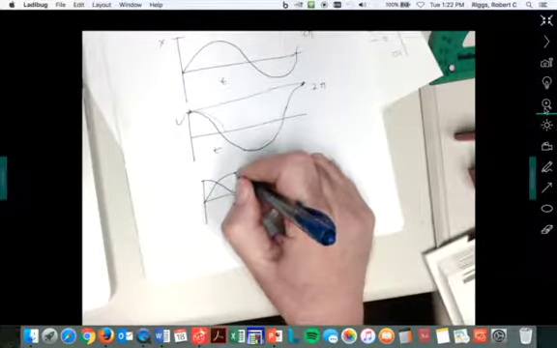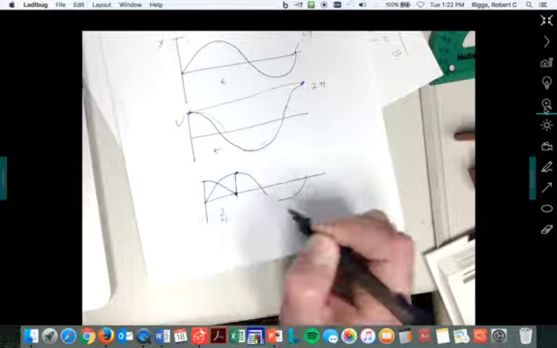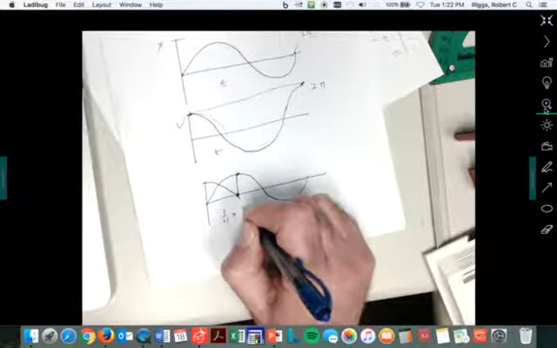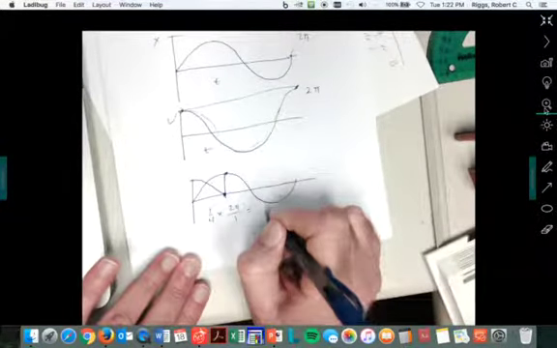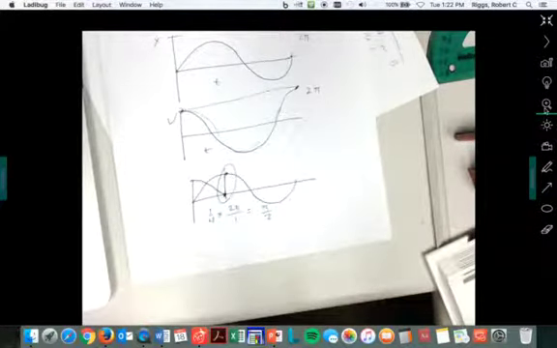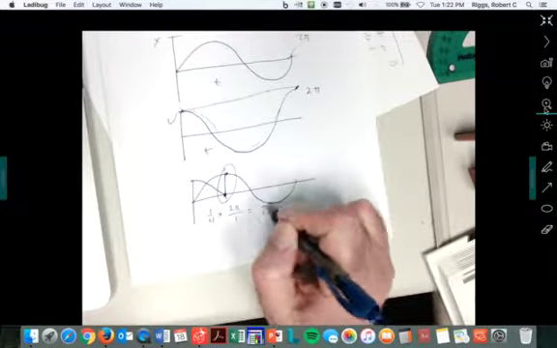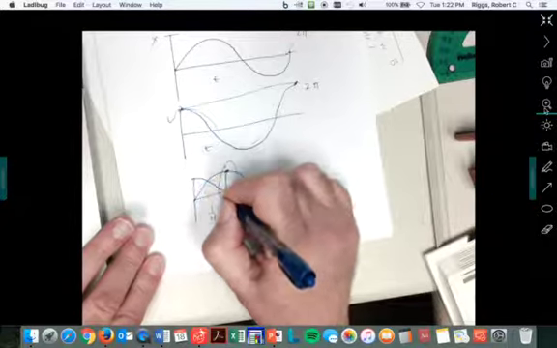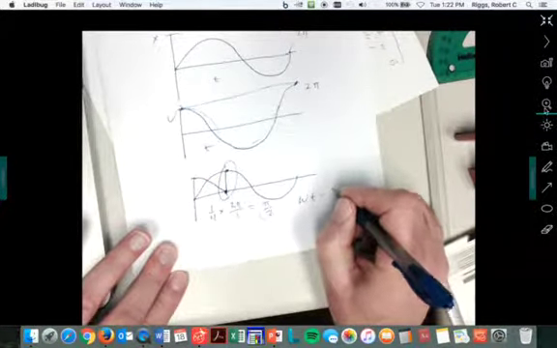So this point is 1/4 of the way through 2 pi. It's 1/4 of 2 pi. So you multiply that out, and you wind up with pi over 2. Or it's at the 90-degree point right there, because this is 1/4 of the way, so it equals pi over 2. So I've got to get omega times t, where the difference between the two, which is what the problem was asking, has got to equal pi over 2.